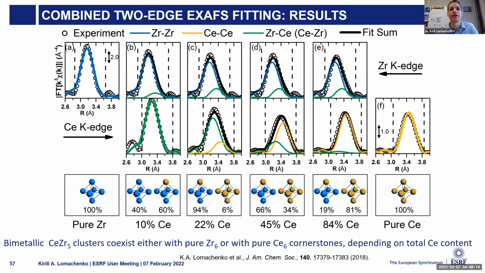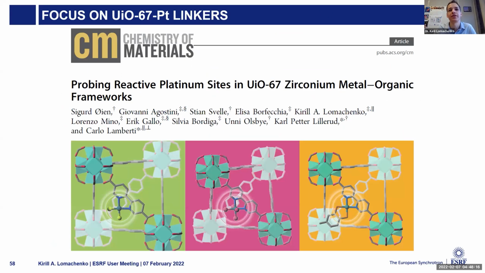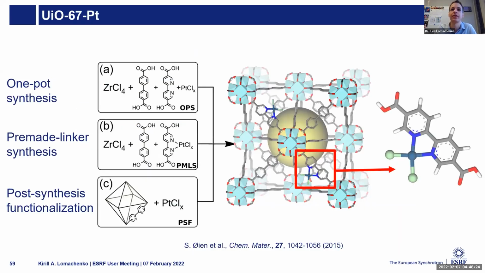Another example is UiO-67 metal organic framework functionalized with a linker functionalized by different molecules. The pure UiO-67, this is UiO-67, the previous one was UiO-66.